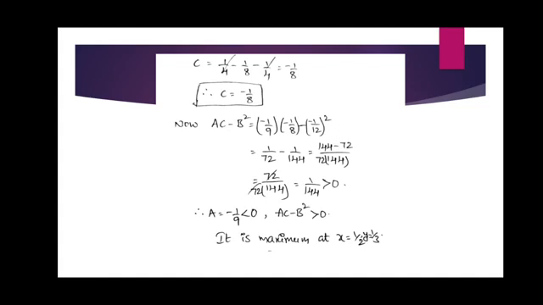So it has a maximum at x is equal to 1/2 and y is equal to 1/3. Why? Because A is -1/9, a negative value. If A is negative, it has a maximum. So we get the maximum value at the point x is equal to 1/2 and y is equal to 1/3. This is about maximum and minimum value finding.